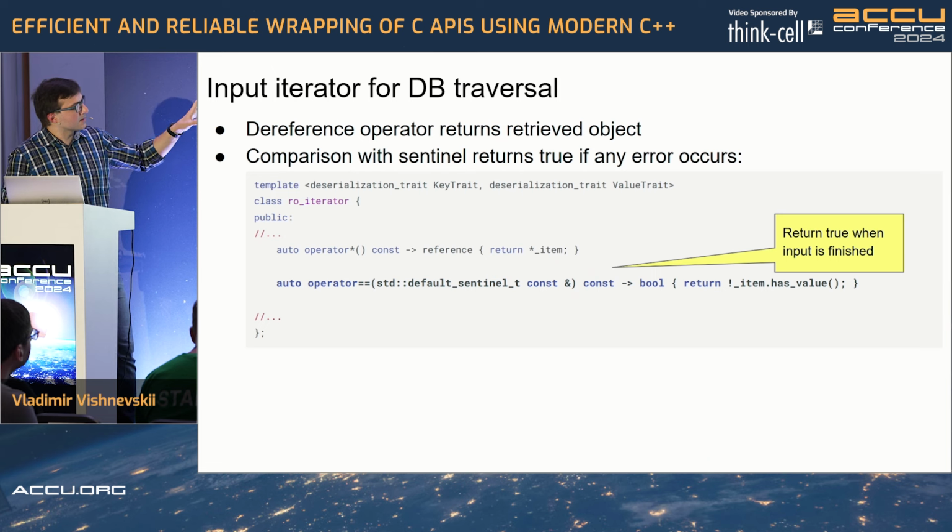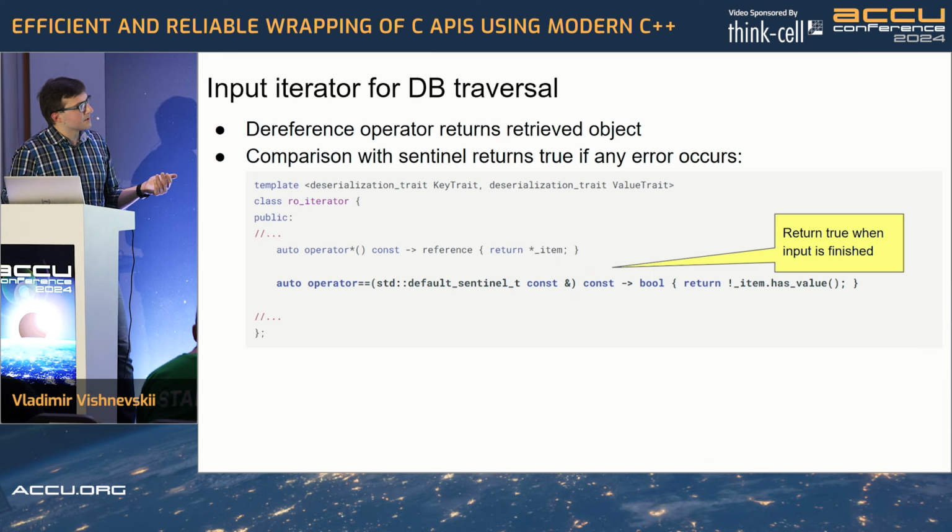So the input iterators will be compared with the sentinel type object, and the purpose of this function will be just to return true when there is no possibility to read data anymore. So the input iterator implementation looks not that complex, but at the same time it enables interoperability between some low-level C API and standard facilities.